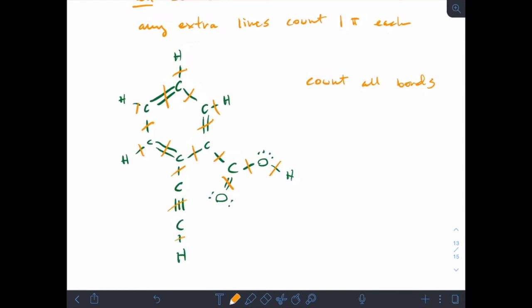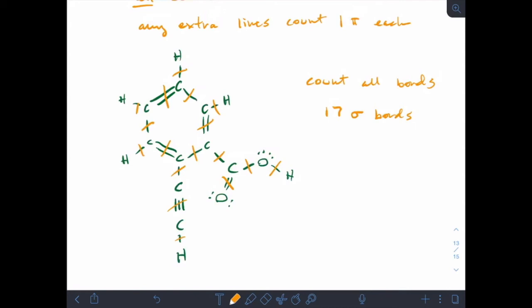Each place that something is connected to another thing counts for a sigma. So I have 17 sigma bonds in this molecule, provided I didn't miss any.